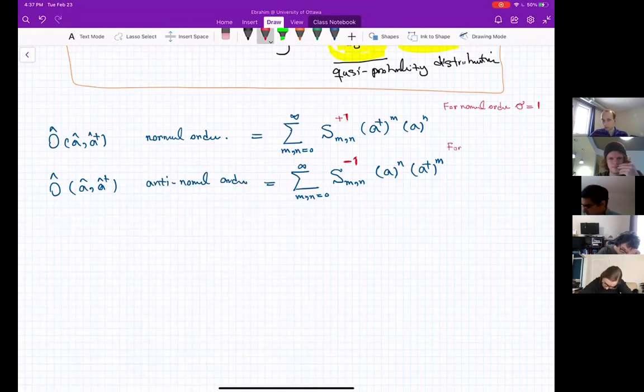For anti-normal, sigma is said to be -1. Good. For the symmetric way, it is easy.